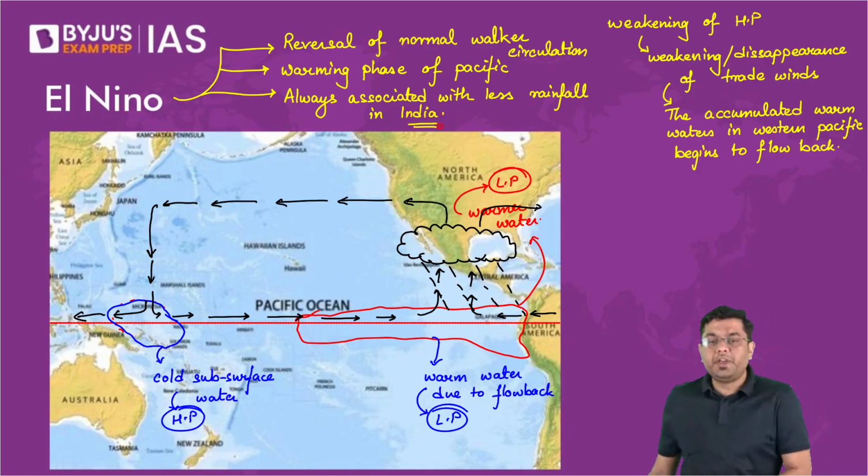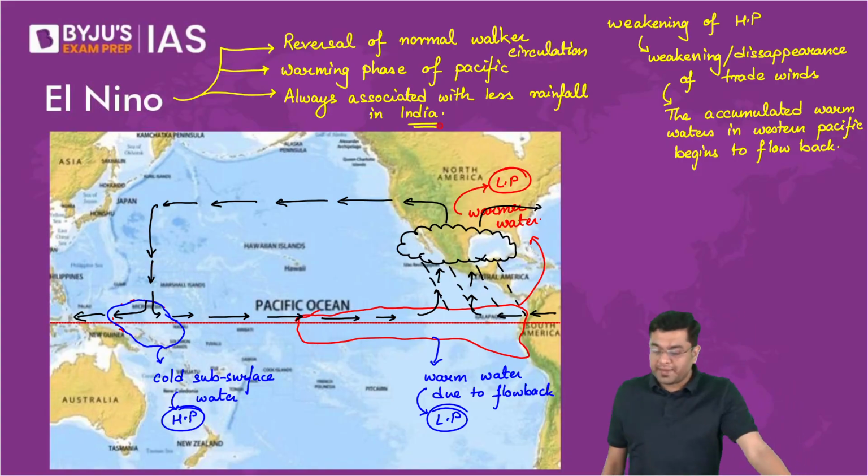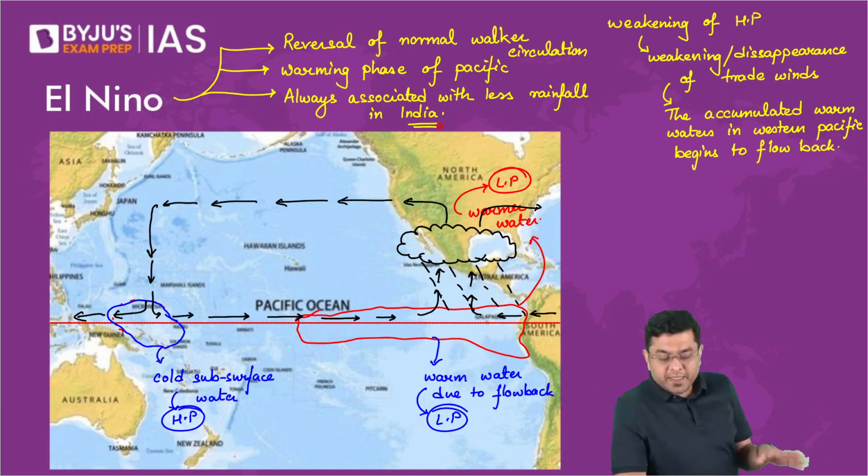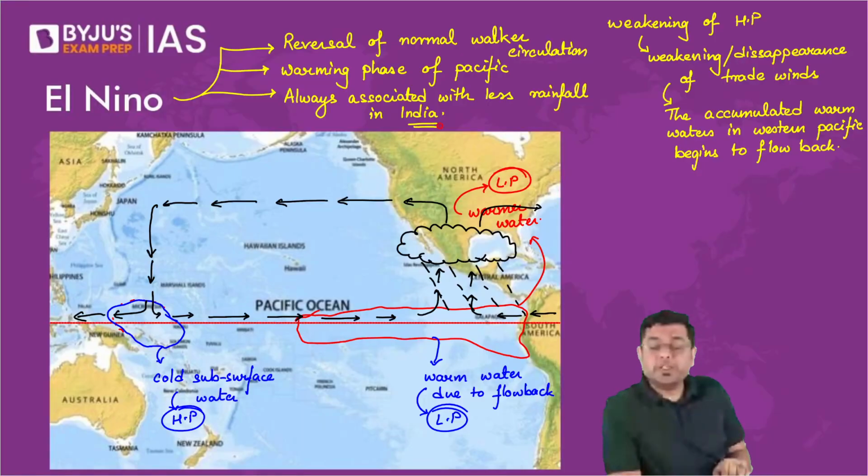Always it is associated with significantly lesser amount of rainfall in India. Till this portion, is this understood? Perfect. Now, what will be the change in weather condition? What do you think will happen in Australia? Will the Australian coastline now be dry or will it receive rainfall?